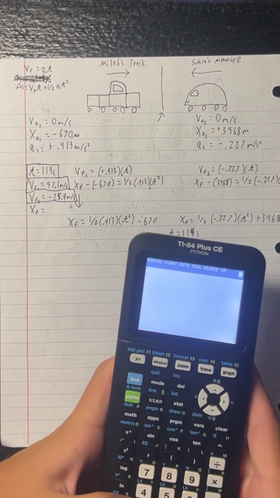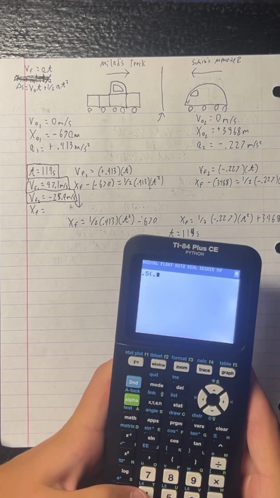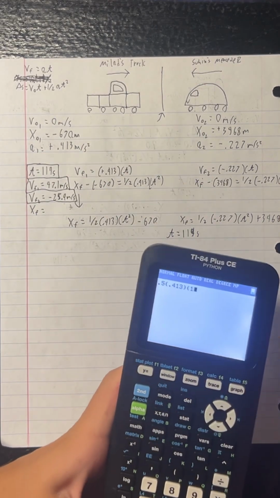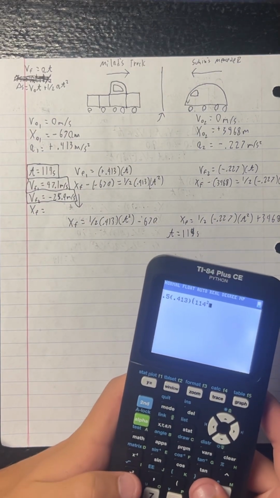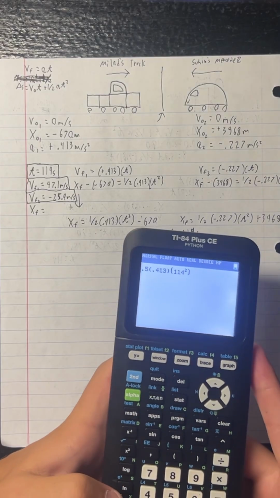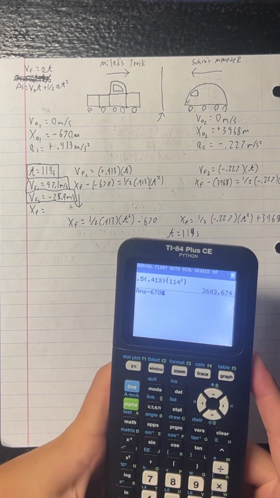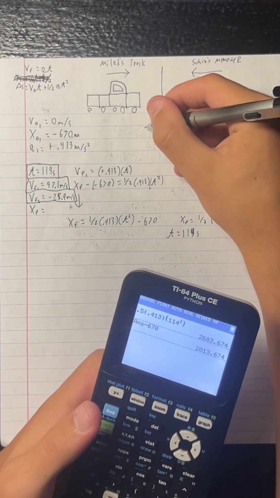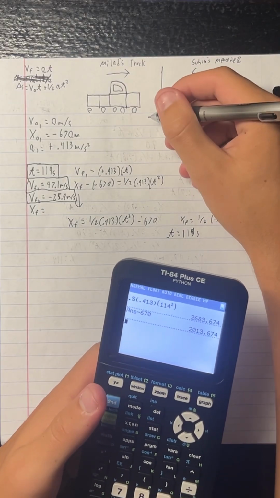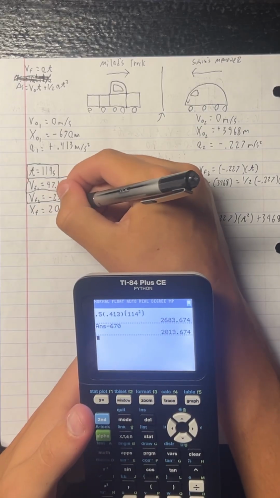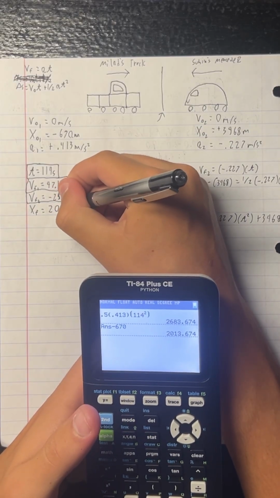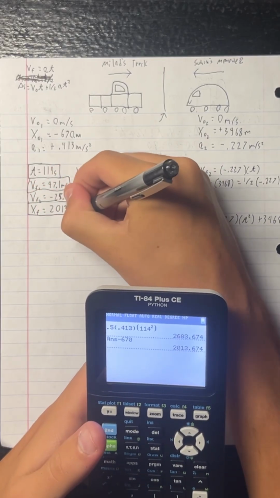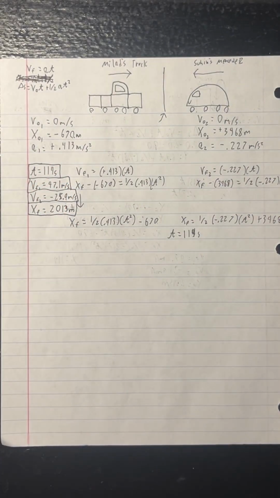So XF equals 0.5 times 0.413 times time squared, which we have time, which is 114 seconds, squared in parentheses, and then minus 670. And our final location at where this occurred is 2013 meters. And that is how we solve that problem.